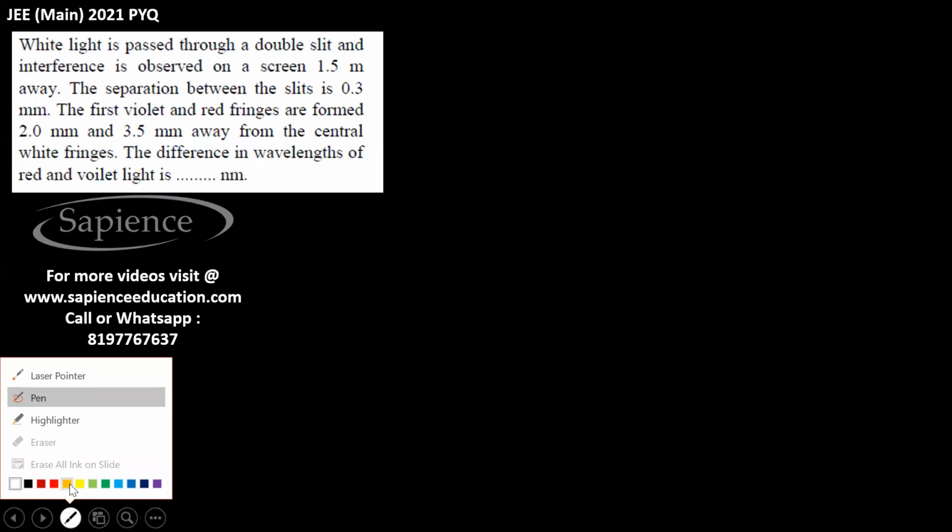Next, move to the next question. Light passed through a double slit experiment is observed on a screen. So there is a Young's double slit experiment, with a double slit and a screen, and it is observed on a screen that is 1.5 meter away. The separation between the slits is given as 0.3 meter.